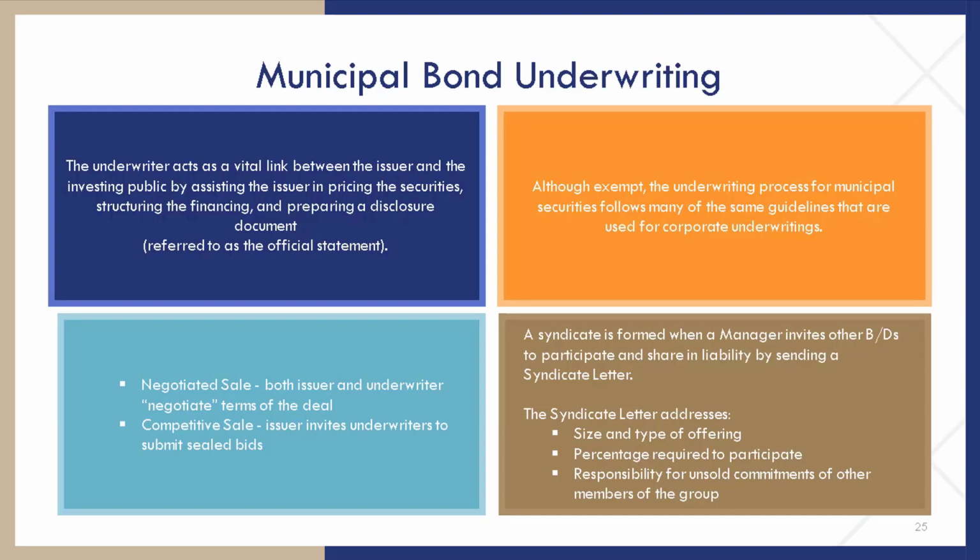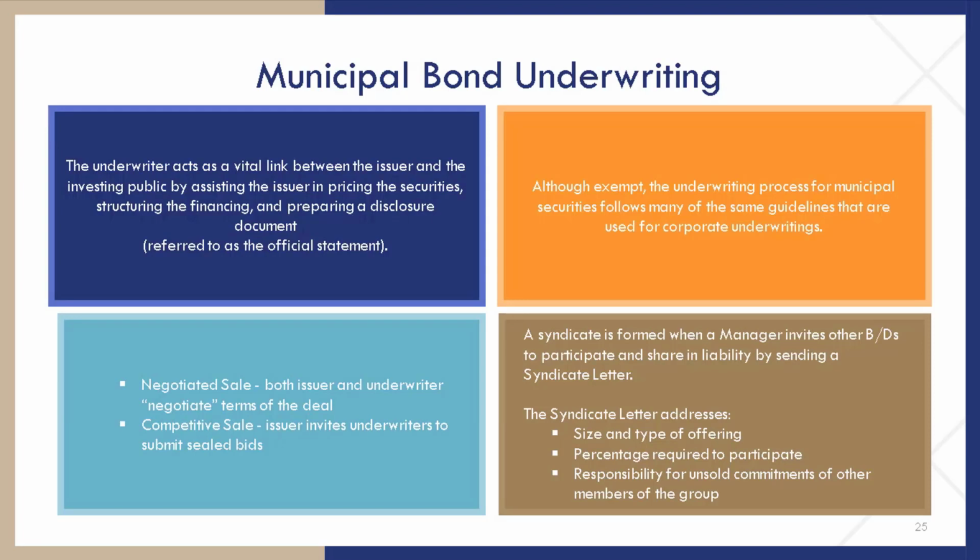The agreement between the broker-dealers is laid out in what's sometimes called a syndicate agreement or a syndicate letter. It's the agreement between the broker-dealers that make up the syndicate. So maybe these 7, 6, 10 different brokerage firms that got together to do this underwriting.